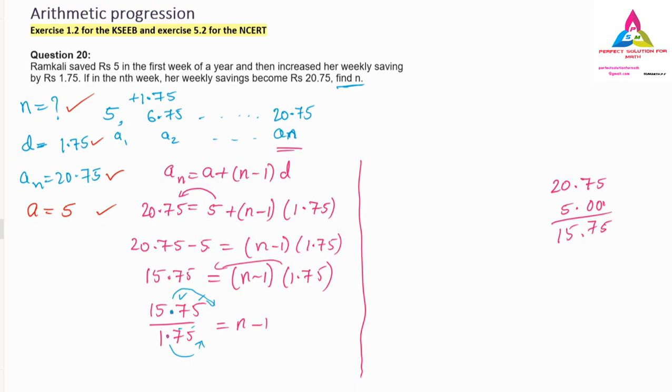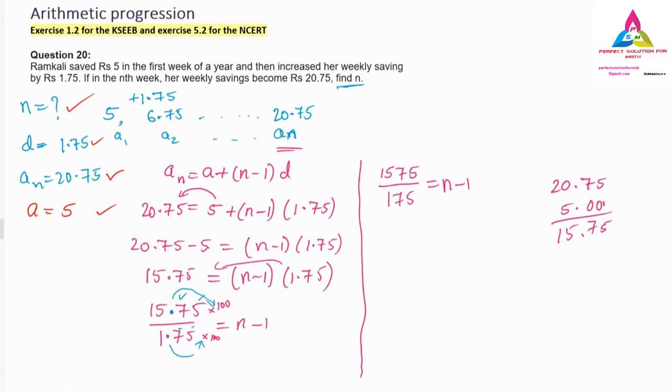So that 15.75 can be written as 1575, not dot, divided by, below also, 1.75 can be written as 175, because I have multiplied by 100 in the numerator and the denominator also, that is equal to n minus 1.